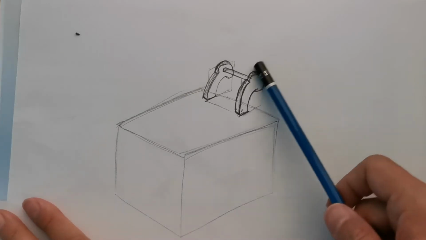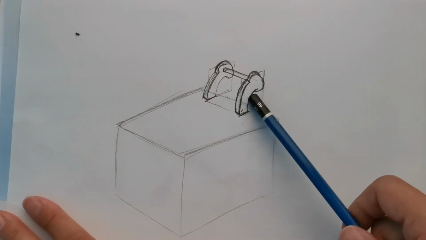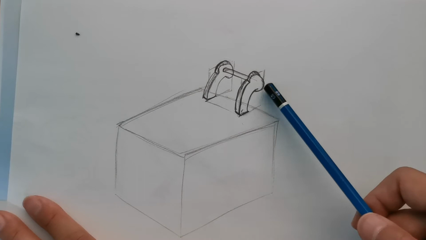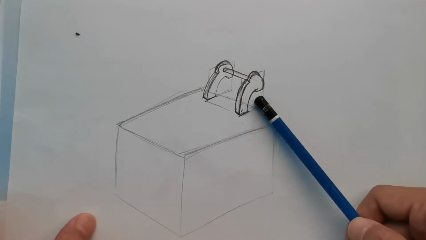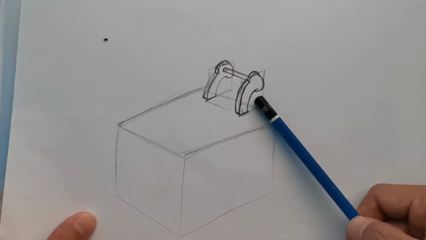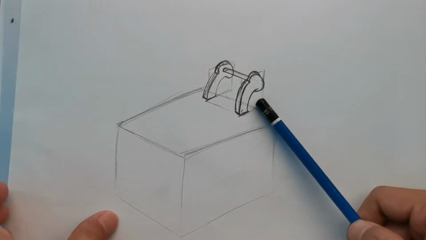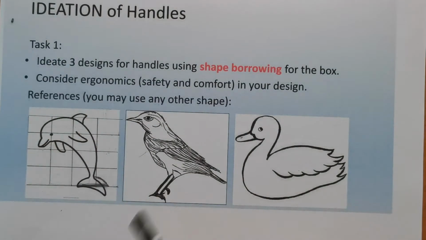Now what I want you to do is to ideate with different shapes and see how it goes. I have given you some examples down here that you can use as reference. Now let me show you one.